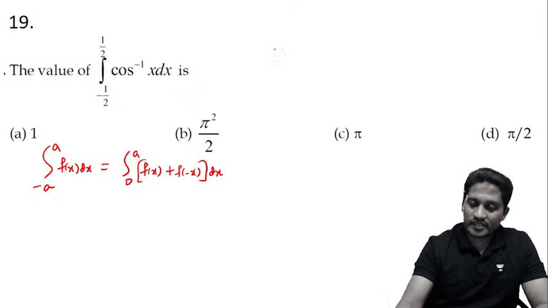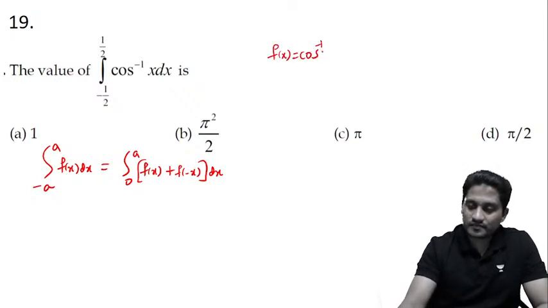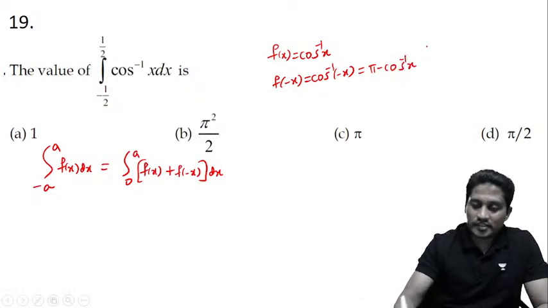Now I take this f(x) is equal to cos inverse of x. Okay, now f of minus x will be equal to cos inverse of minus x. Cos inverse of minus x will be equal to pi minus cos inverse of x. Now if I substitute here, this will be equal to 0 to half, since minus half to plus half can be written as 0 to half.